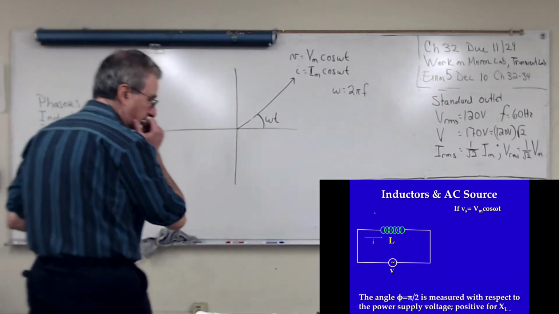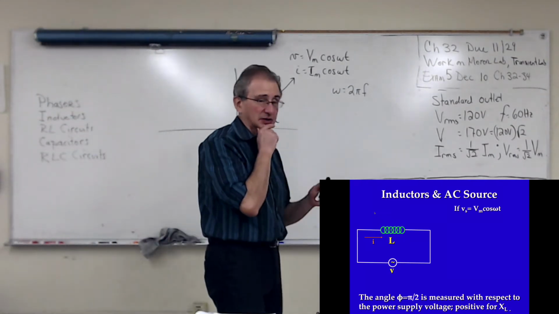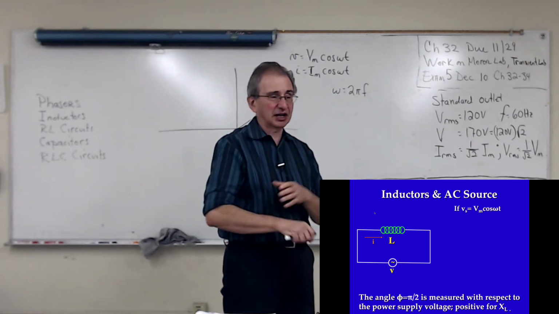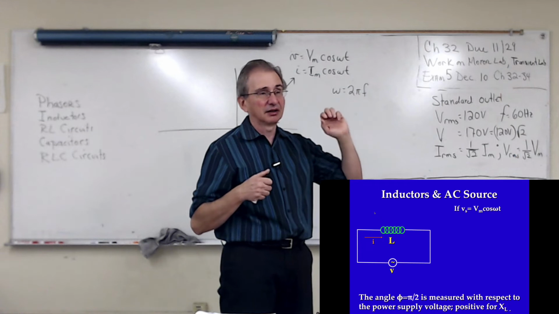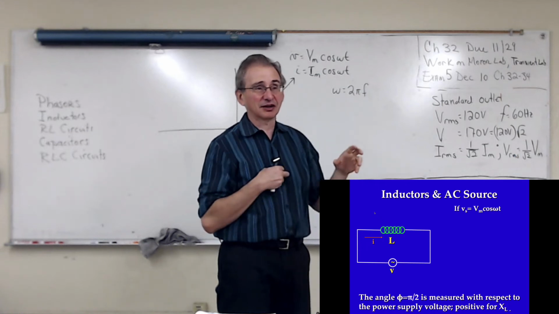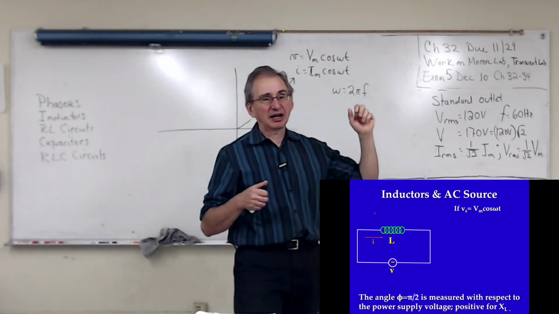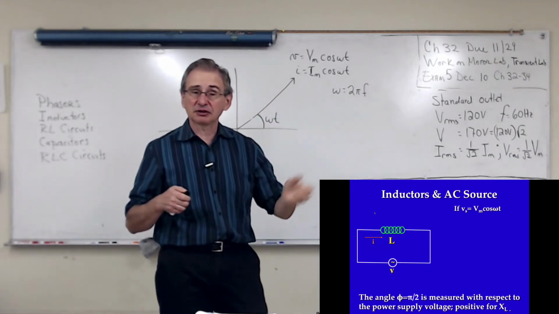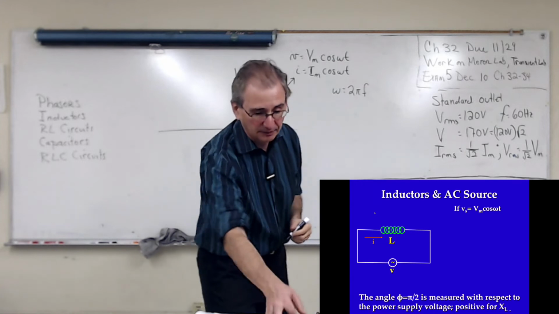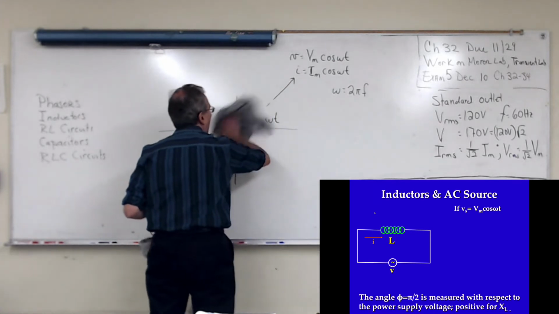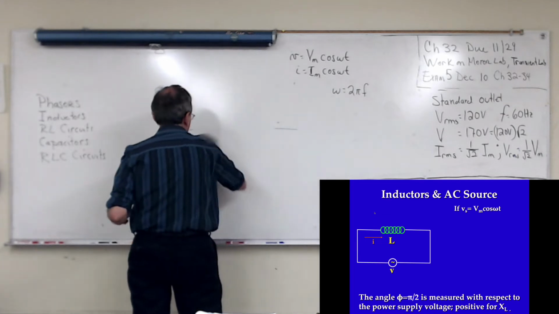Let's put an inductor in a circuit, power supply and inductor. Really, the phasor diagram is not going to be that useful for just having a power supply connected to an inductor. It's going to be useful when you have power supply, inductor, and resistor in series. Well, let's look at this case because we need to understand the behavior of the inductor in an AC circuit.